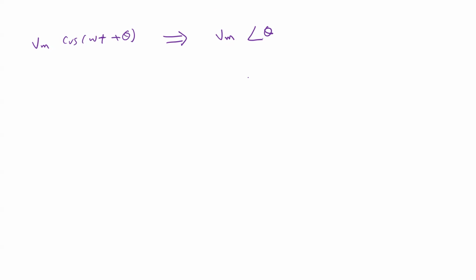And when you come from the complex domain back to the time domain, it's going to be the same thing. For example, if I get 5 with angle 20, I'm going to do the opposite of what I did before.